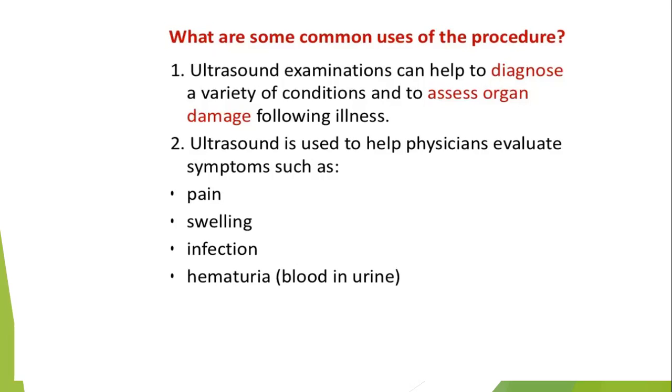we would have to ask for a laboratory. Does anybody know what kind of laboratory we would ask for when we're talking about a normal urinary tract related to hematuria?